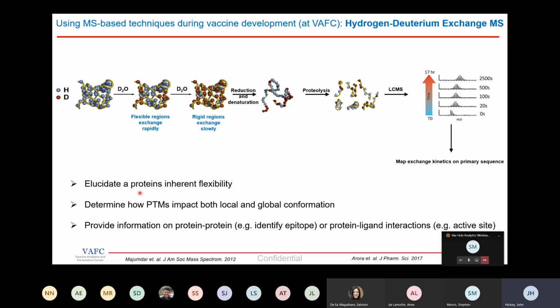So you can get fairly high level information from this. You can look at the inherent flexibility of the molecule, determine how protein or post-translational modifications impact both the local and global conformation, and then provide more information on protein-protein interactions, whether it's identifying epitopes or looking at a protein-protein interface, or whether you're looking at protein-ligand interactions, and in this case, I just indicate you can identify active sites.